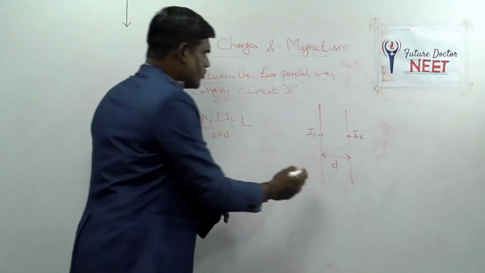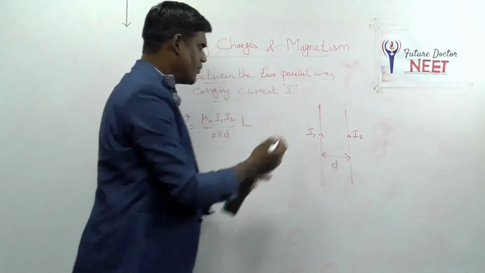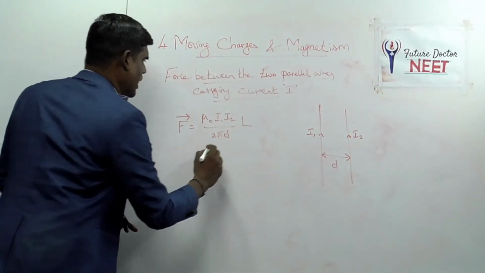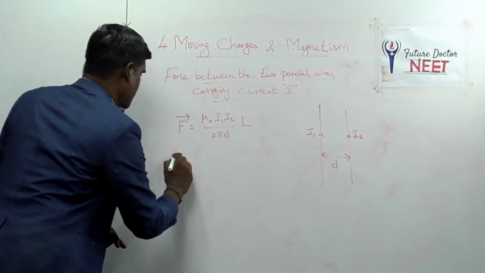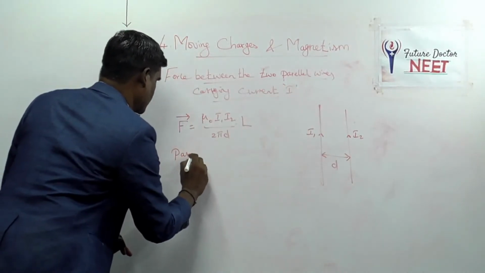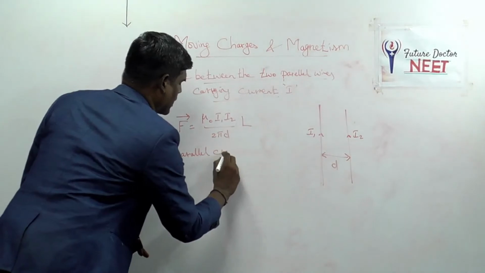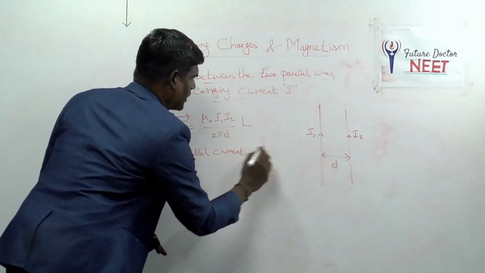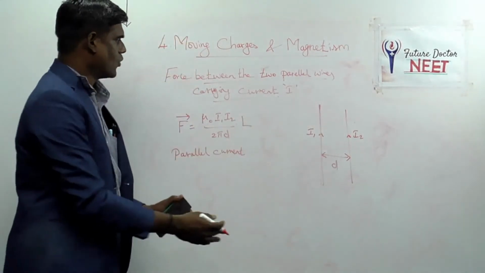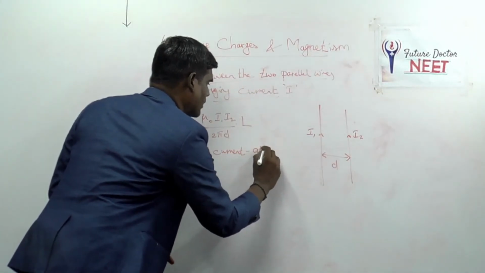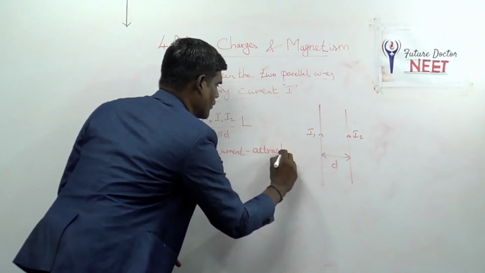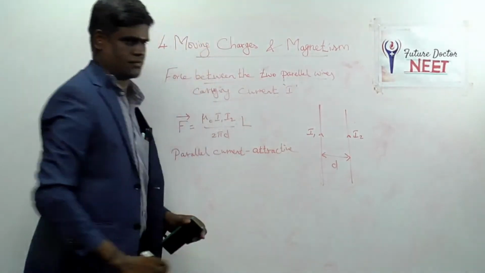And if both currents flow in the same direction, then the force will be an attractive force. That we can say for parallel current. For parallel current, I1 and I2 act in the same direction, then the force will be an attractive force.